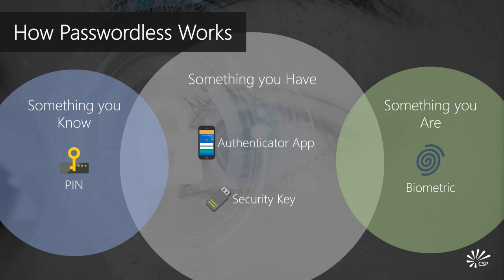So remember, MFA is a combination of at least two of three things: something that you know, something that you have, and something that you are. Well, in this case, the main thing that we're using is something that you have, right? That's the authenticator, whether it's the security key, the authenticator app, or the TPM chip in the device you're trying to authenticate from. There's something physical that you have.